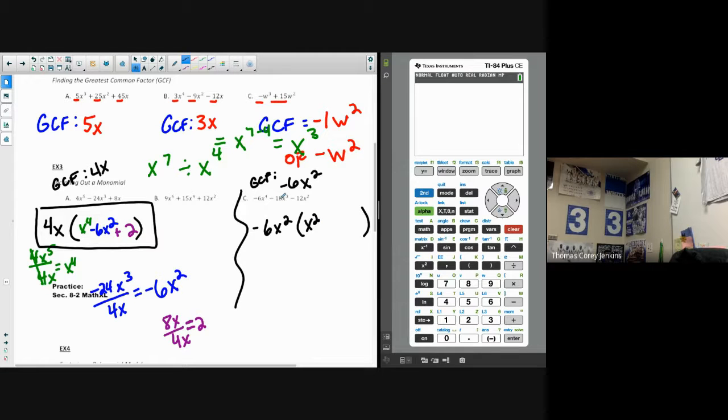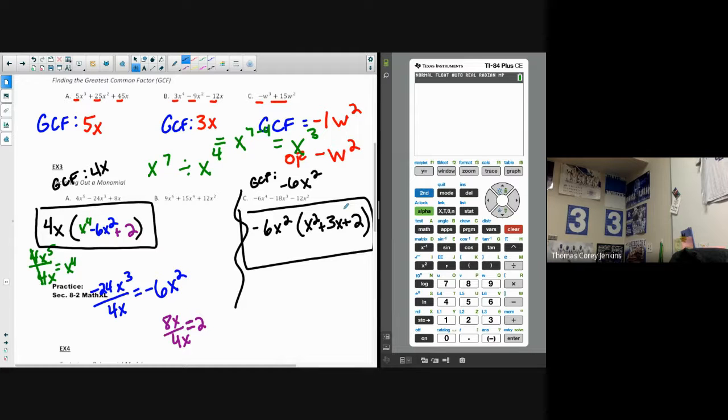Negative 18x cubed divided by negative 6x squared: negative 18 over negative 6 would be plus 3, and x to the 3 over x to the 2 would be x to the 1. So just plus 3x. Then minus 12 over minus 6 would be plus 2. X squared divided by x squared would be x to the 0, which is just 1, and we don't write that. So final answer here: negative 6x squared times the quantity x squared plus 3x plus 2.